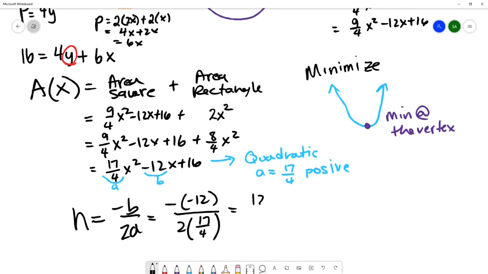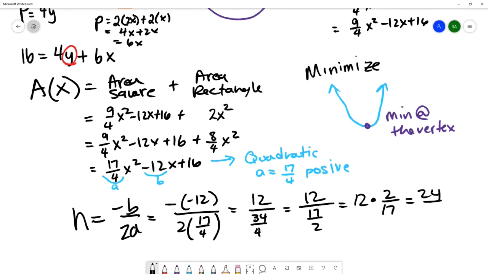This is 12 over 34/4. That reduces down to 17/2. I can also multiply by the reciprocal. 12 times 2/17. This is 24/17.